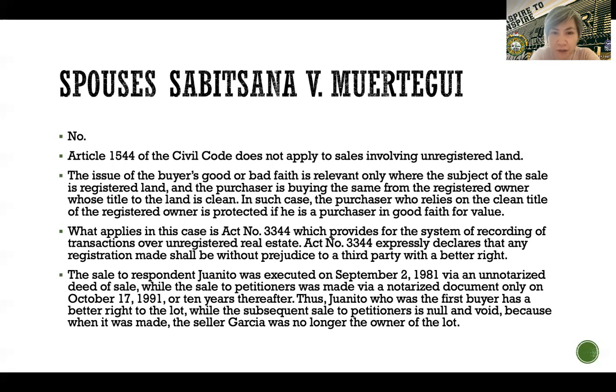A month later, the original certificate of title was issued, still in the name of the seller, the name of A, free from all liens and encumbrances. Okay. Subsequently, the same land was sold at public auction to satisfy the debt of A to C, the judgment creditor.